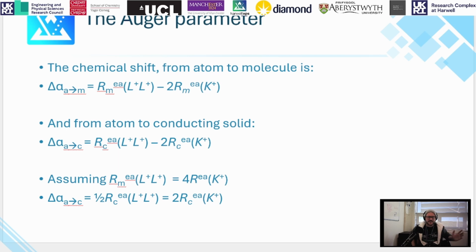If we recall our e squared term, the charge on the ion term for our extra atomic relaxation energy relationship, then when we look at the shift in our Auger parameter going from atom to conductive solid, what we're left with is half the extra atomic relaxation energy for a conductive material for the L plus state is equal to 2 times the extra atomic relaxation energy for the ionized K shell for a conductive solid.